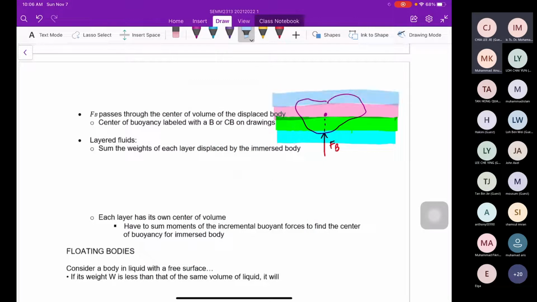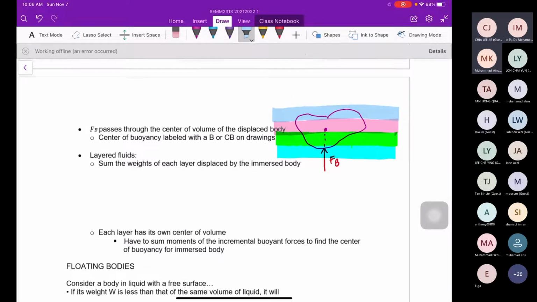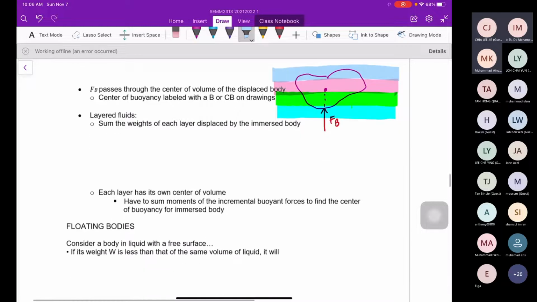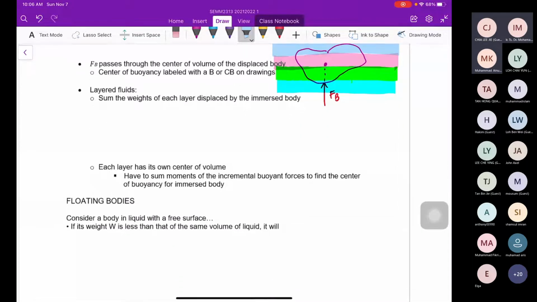So, how many liquids do we have? Four types of liquid. To calculate the buoyancy force, FB, it is the summation of gamma i times V i.